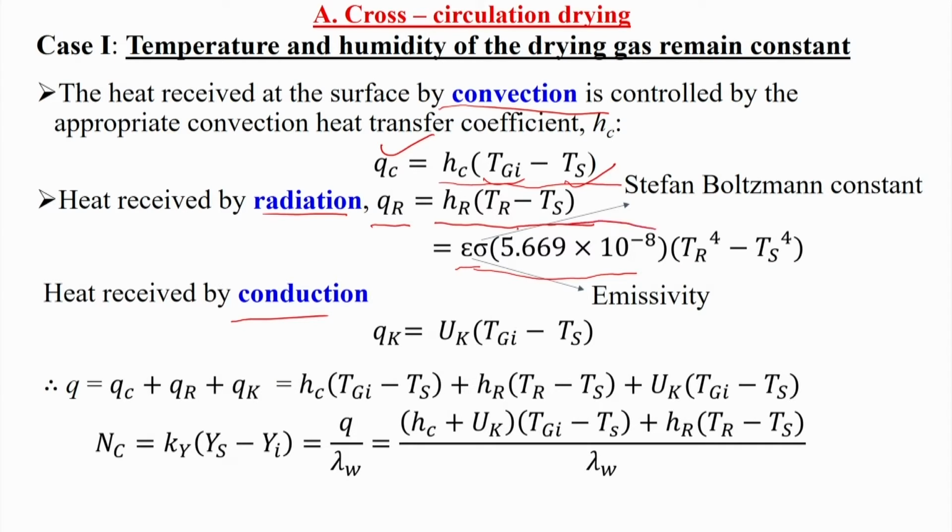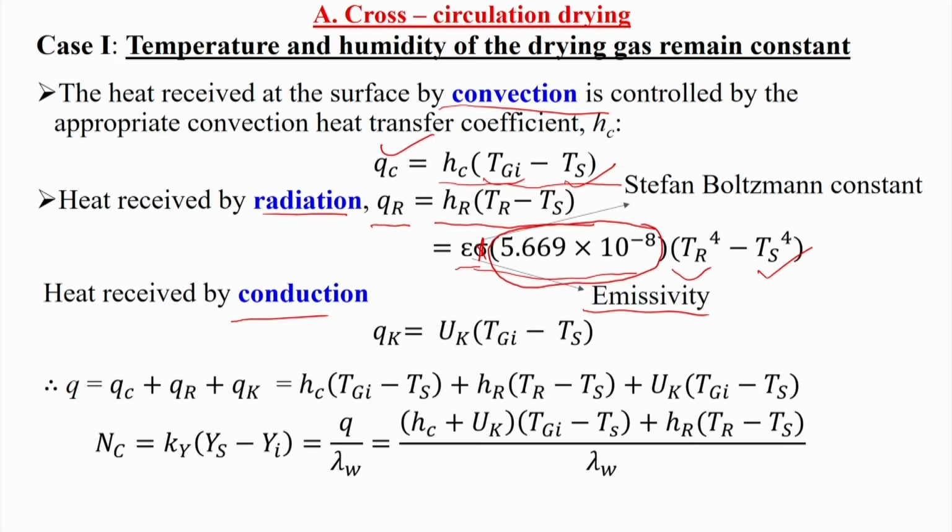This sigma is the Stefan-Boltzmann constant, 5.669 into 10 to the power minus 8, and epsilon is the emissivity.